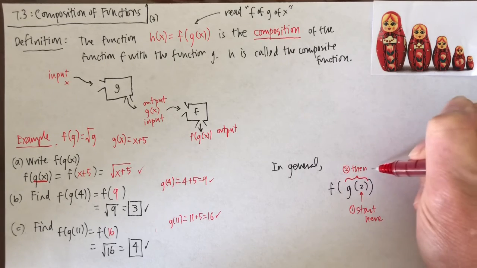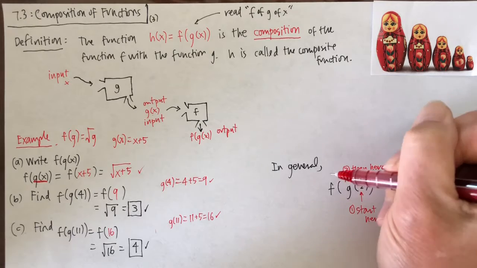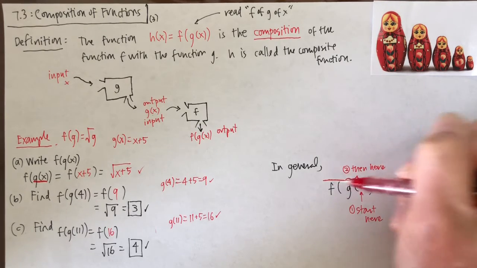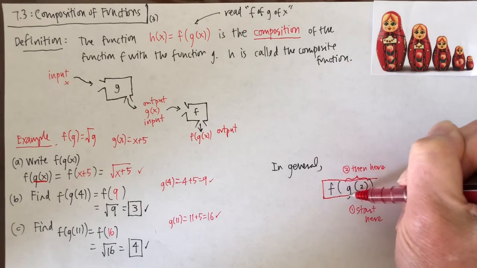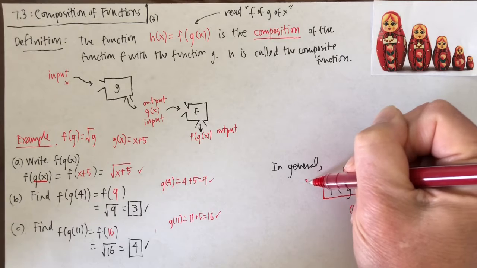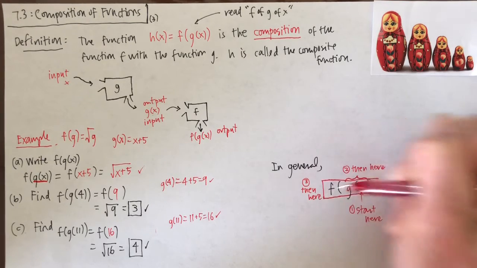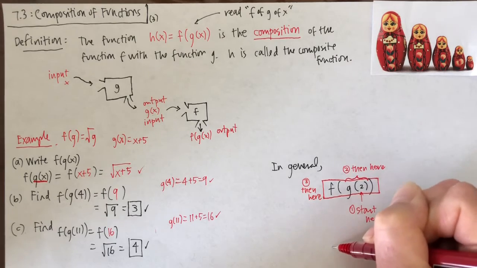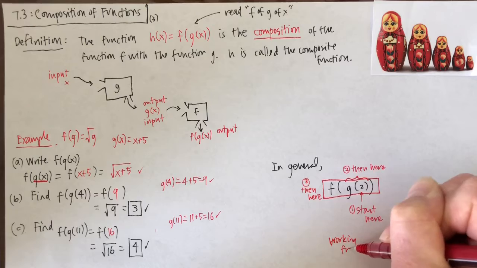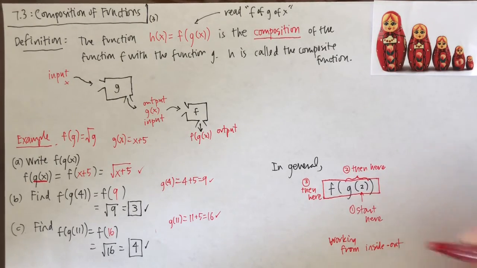So then here, take 2 and put it into the function g. And then after I find that, I'm going to put it into the function f. So then put it into the function f. So you're sort of working from the inside out.